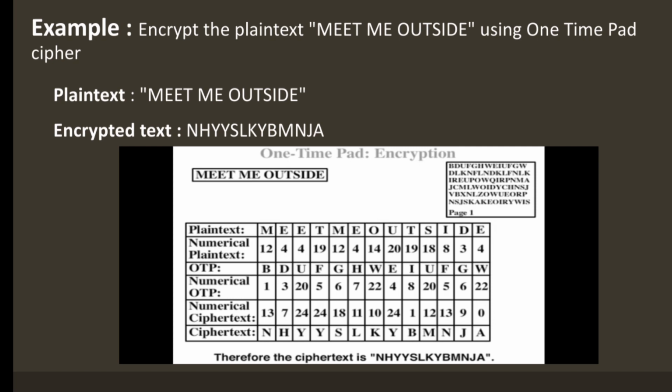After encryption, we will get the answer as NHYY SLKY BMNJA.